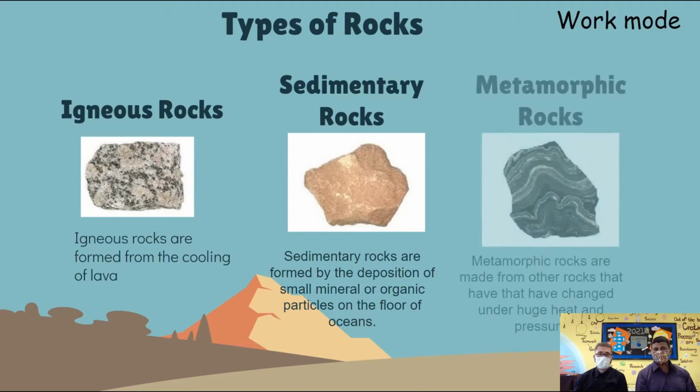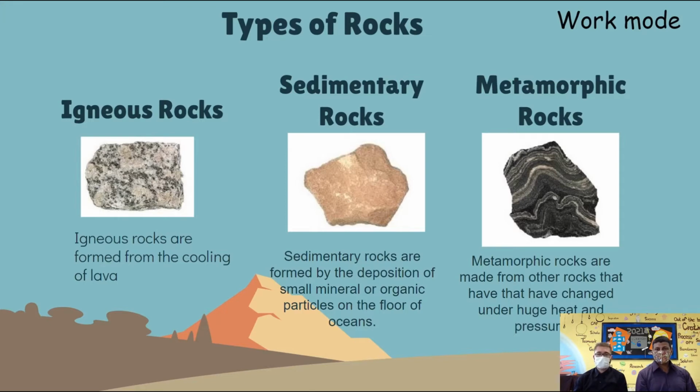And also when igneous rocks take a long time, they become sedimentary rocks again. Okay? And finally, you have metamorphic rocks, which are made from other rocks that have changed under huge heat and pressure. Okay, so we will study these in more detail as we go on.